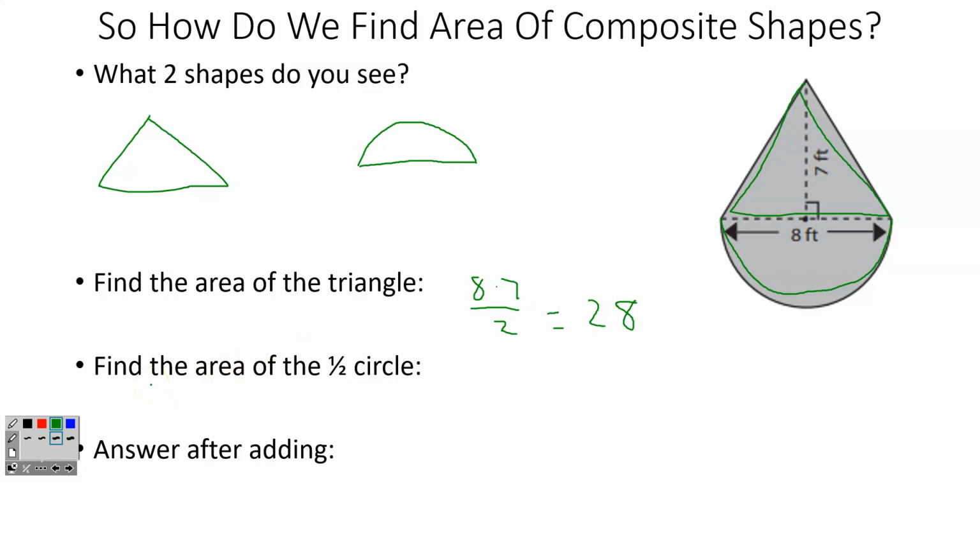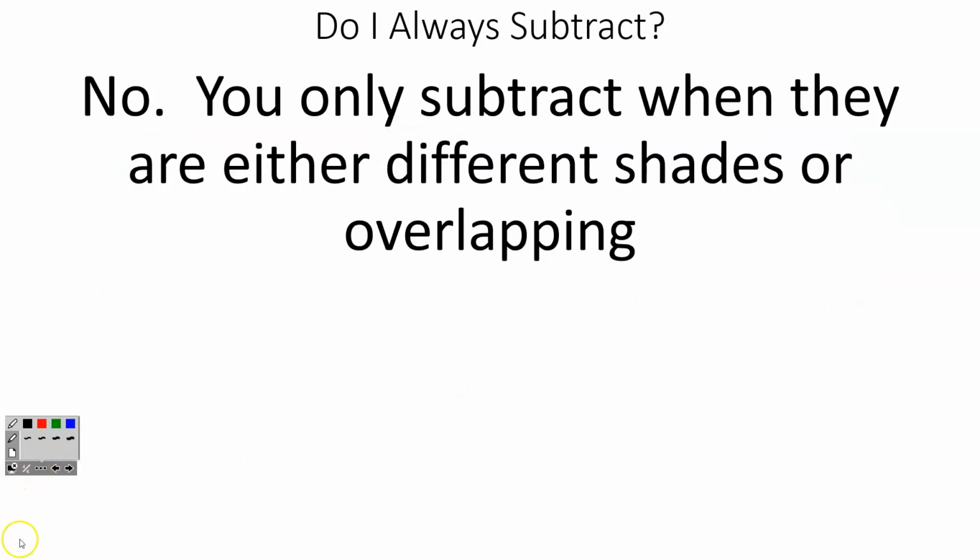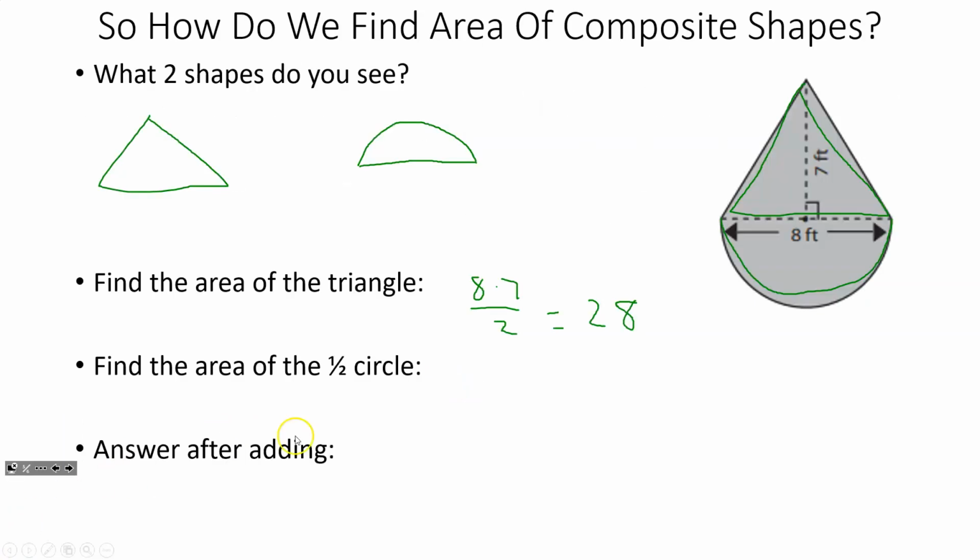Now the half circle is a little bit trickier. I need to use pi r squared, which sounds like area to me. Okay, half circle. Well, I need to use pi r squared, and I don't have a radius. I have a diameter, because from side to side is 8 feet. So I need to break that in half. So 8 divided by 2 is going to be 4.